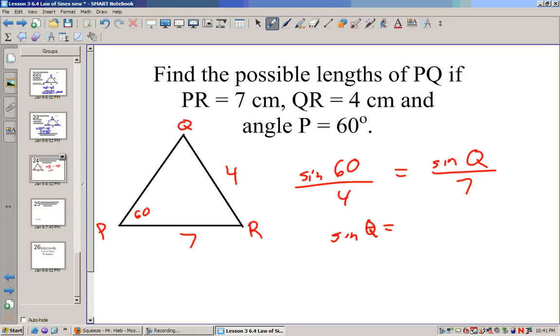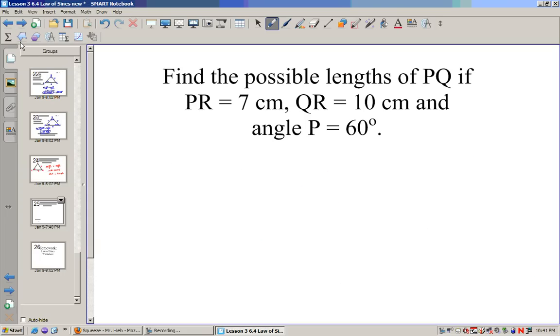And in this case, 7 times the sine of 60 is 6.06 divided by 4, and I got 1.5155. You can't take the inverse sine of this, so this is not a triangle. All right. So there's 0 triangles possible.